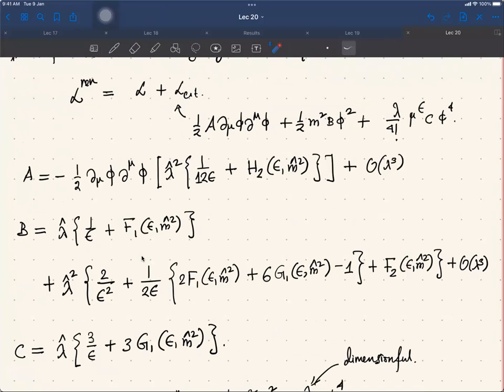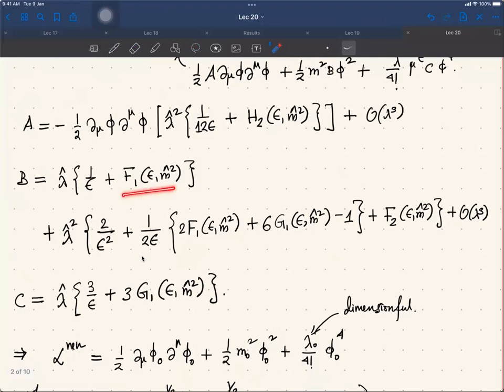So A, B, and C have finite contributions. For example, at lambda hat square order, A has H2, B has F1, G1, and F2, and C has G1 at this order. So at higher orders, when you add new counter terms, you will have, at every order, additional finite pieces.